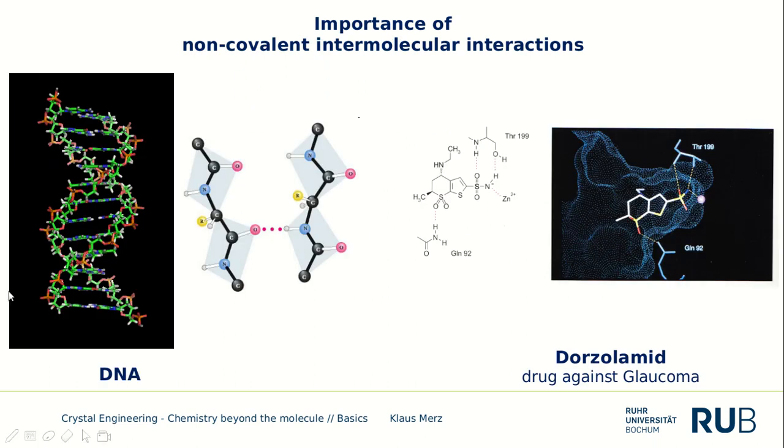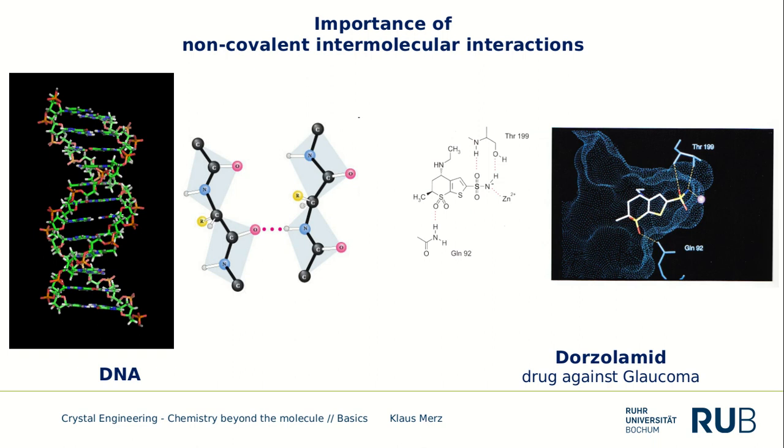Showing here, this is DNA, you know it yourself from chemistry. Responsible are the hydrogen bonds. Or another point, if you look, for example, at drug design, you see it here, dorzolamid. This is a drug against glaucoma.